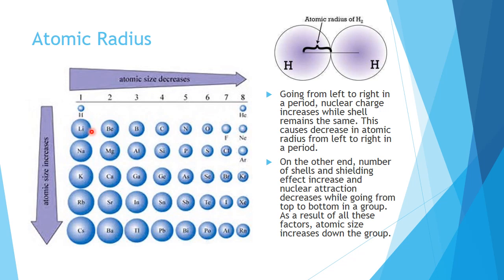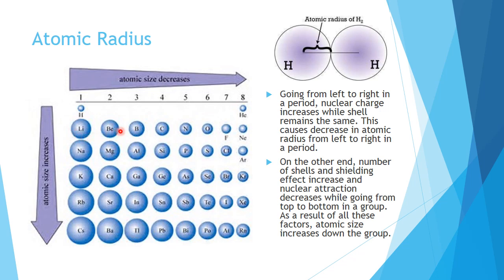Therefore, the biggest size that you can see in this first period is of lithium, because whatever the nuclear charge is there, the atom coming after lithium would have a lower atomic radius as compared to lithium, because it has one unit more than lithium.